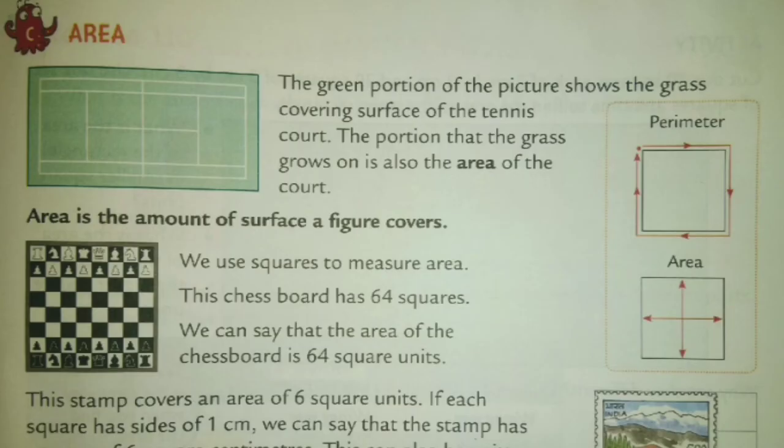Second topic of this chapter, that is area. In this one, area means the inside portion. See, the grass grown on its inside portion, that is known as area, and the outer part is known as perimeter. So area is the amount of surface a figure covers.